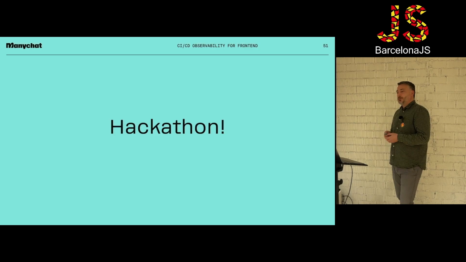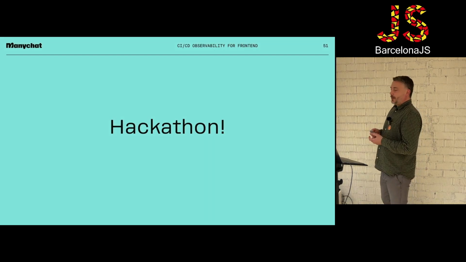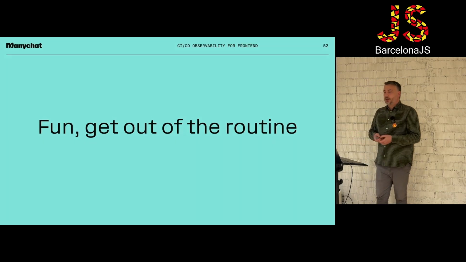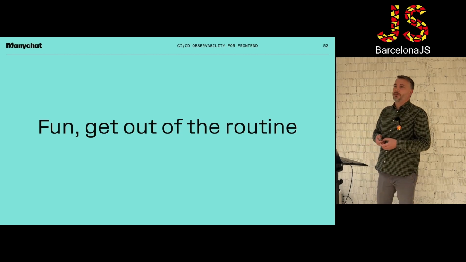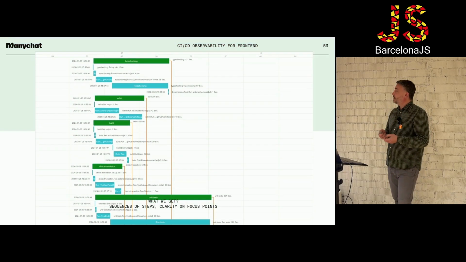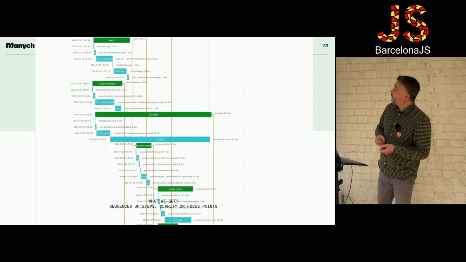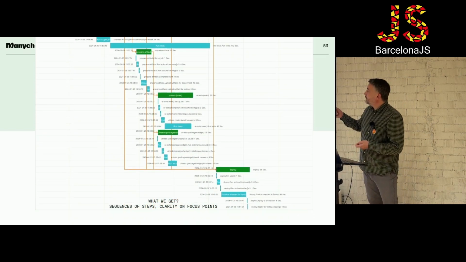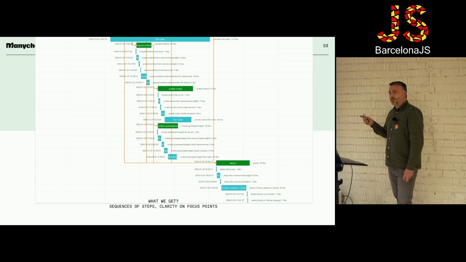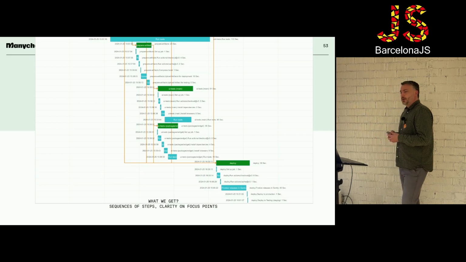So I started a hackathon for our internal guys, just to try getting out of routine, just to have some fun. And in 1 day, a team of 2 developers wrote an internal service for visualization of our process. And this is, I think, the last one built from our CI/CD GitHub Action process.